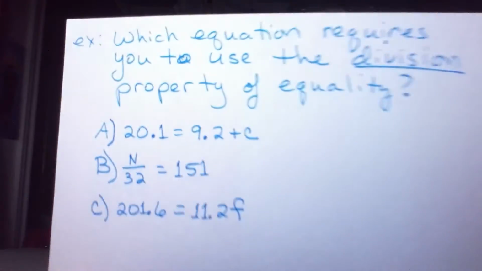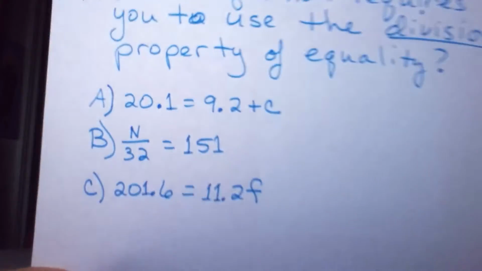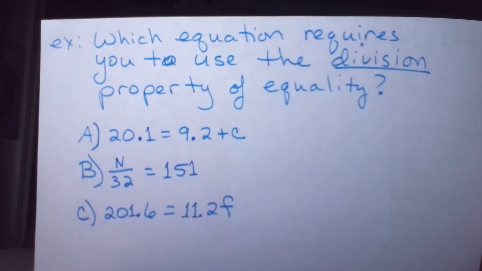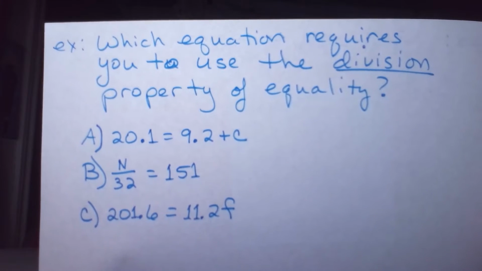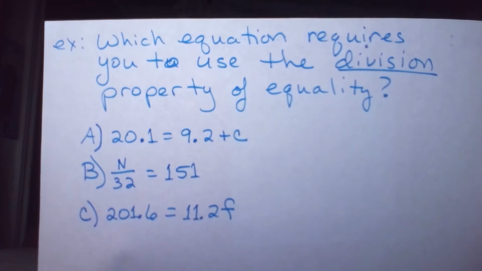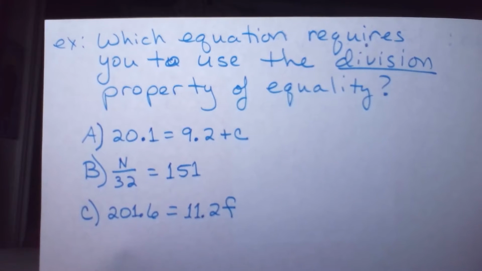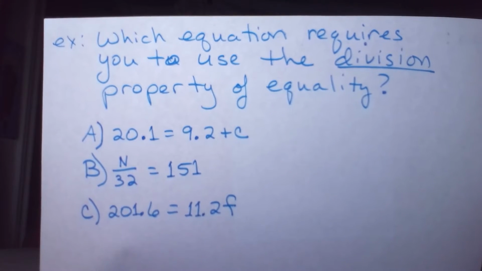All right, so that said, let's do a couple of super quick practice problems. We're going to go backwards. Your first problem is which equation requires you to use the division property of equality.